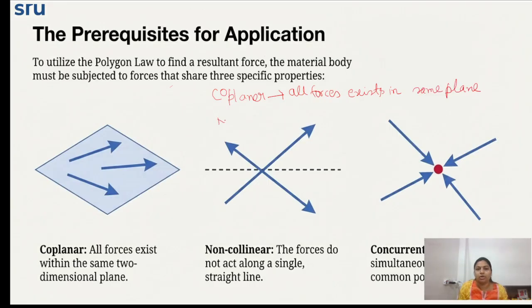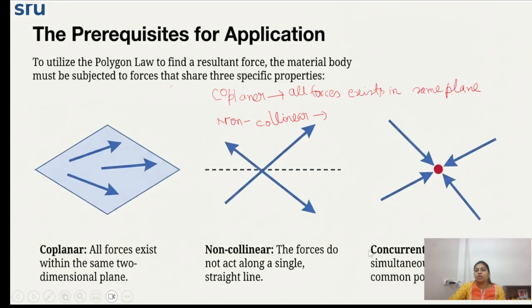Second is non-collinear. This means the forces do not act along a single straight line. Means the forces should not be present in this way.